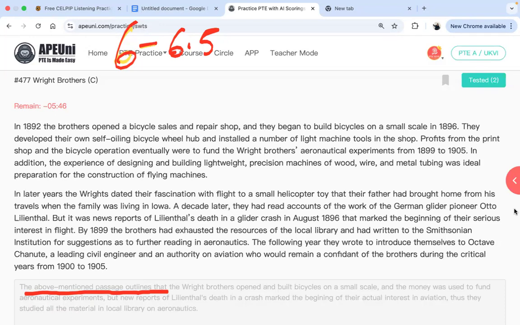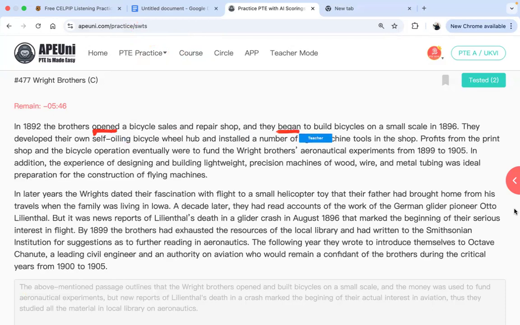Okay, those who need less marks, what can we do that we don't want to change a lot of words? Okay. So in your case, first you will write this information. The above mentioned paragraph outlines that. Then you will write a sentence from the paragraph. Try to replace 1 or 2 words from the sentence. Like instead of saying repair shop, can you say maintenance shop? What can you say for sales? What can you say for open or started? They began.